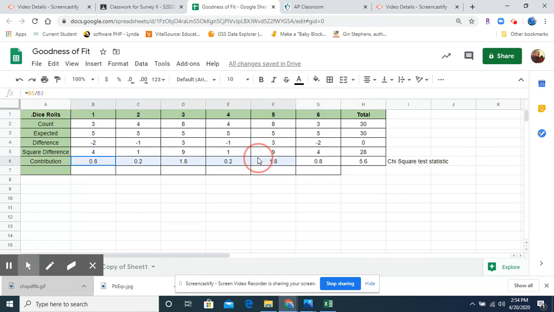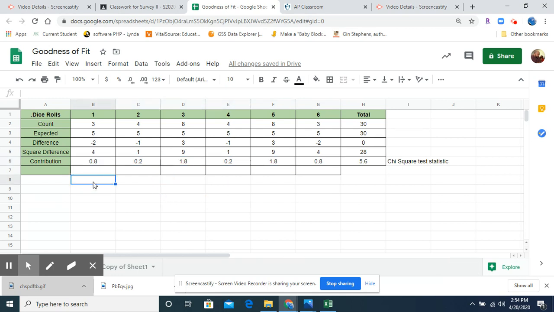That means that these 5 values can be whatever they want to be. But once we have those 5 values, in order to get this answer, this has to be a particular number. So these 5 items are free to move around. This one isn't. So our degrees of freedom is equal to 6 minus 1, which is 5.